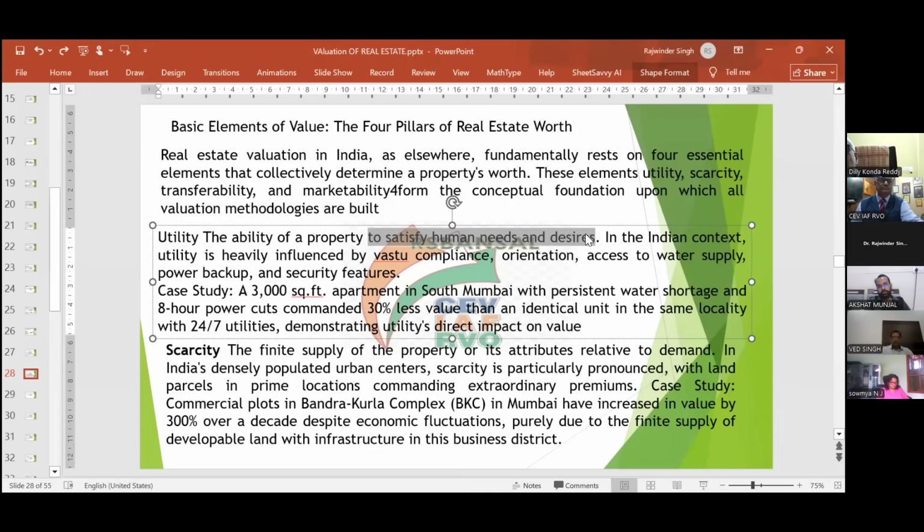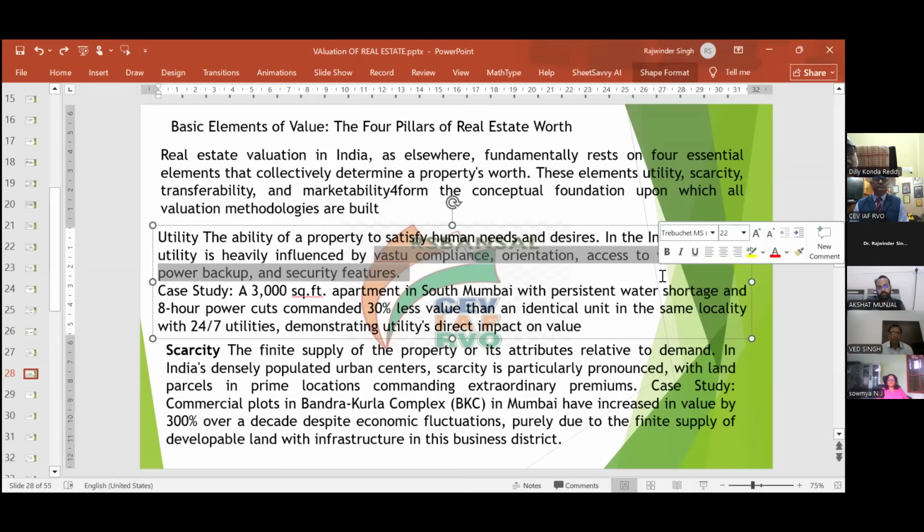In the Indian context, this is influenced by Vastu compliance, orientation, access to water supply, power backup, and security features.